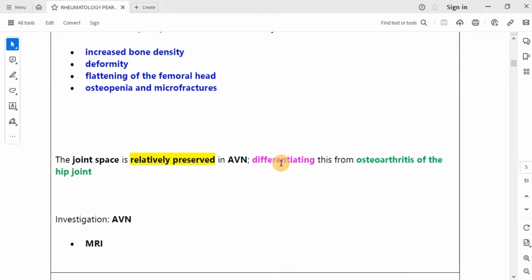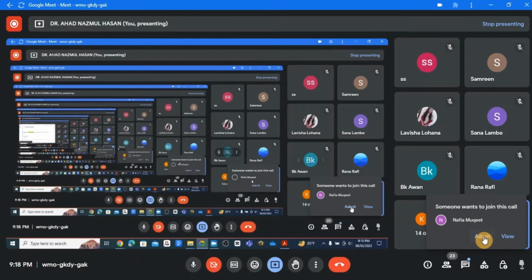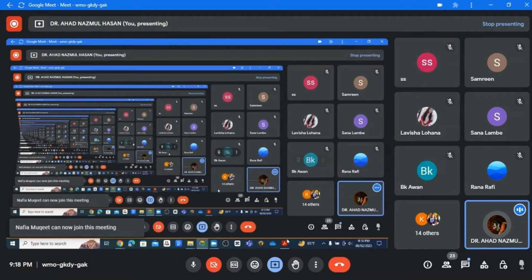So, reduction of the joint space is suggestive of osteoarthritis. And avascular necrosis should always be investigated with MRI. Remember, if they ask what is the initial investigation, the answer should never be X-ray. It should be MRI.